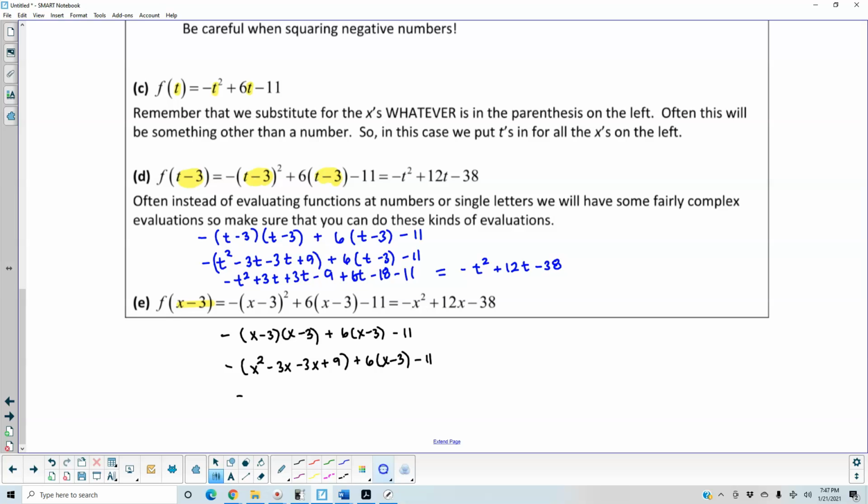If we distribute the sign, we get negative x squared plus 3x minus 9. Distribute the 6, we get 6x minus 18 minus 11. So we would get negative x squared plus 12x minus 38.